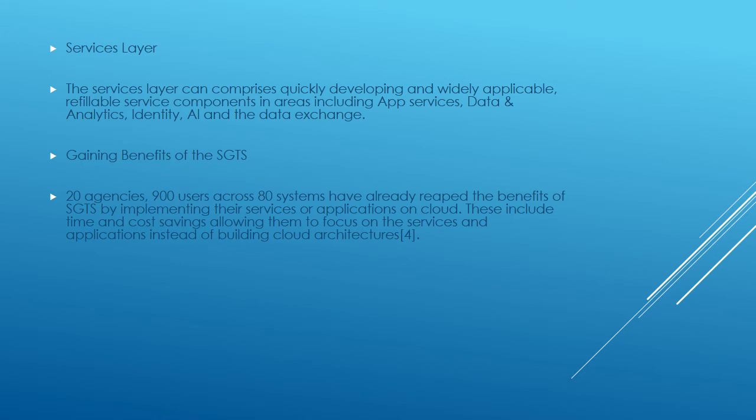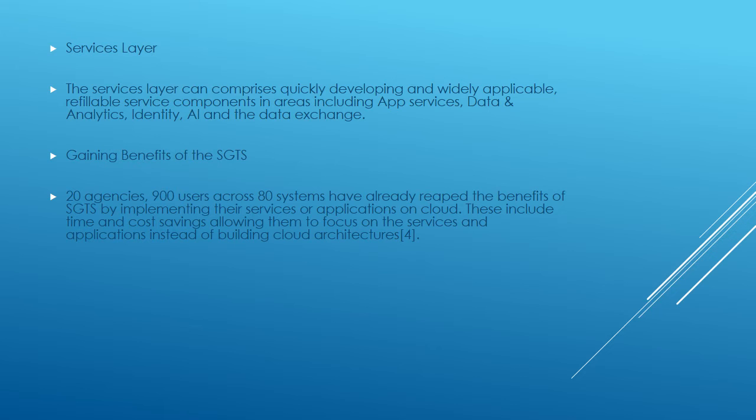The service layer can comprise quickly developed and widely applicable, reliable service components in areas including app services, data and analytics, identity, and data exchange, gathering the benefits of the SGTS.